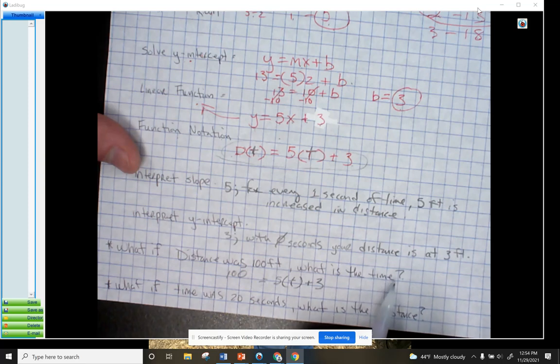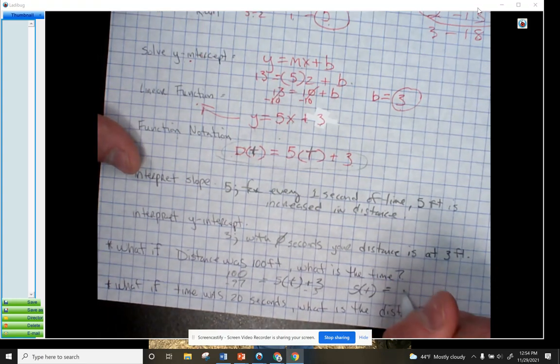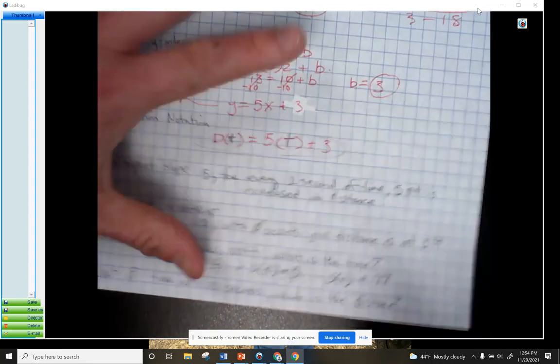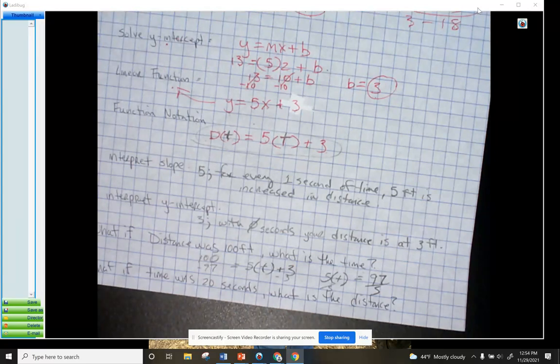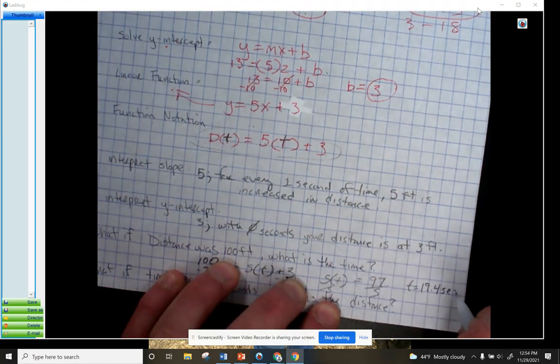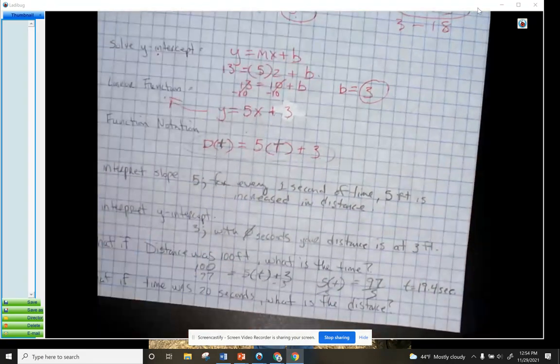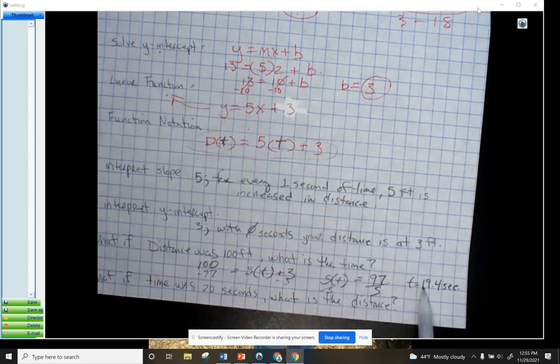Subtract 3 from each side, get 97. 5 times t equals 97. Let's divide by 5. 97 divided by 5 equals 19.4 seconds. Which means for 100 feet of distance to be achieved, it would take you 19.4 seconds, whether it's running or you're racing a car or whatever it is.